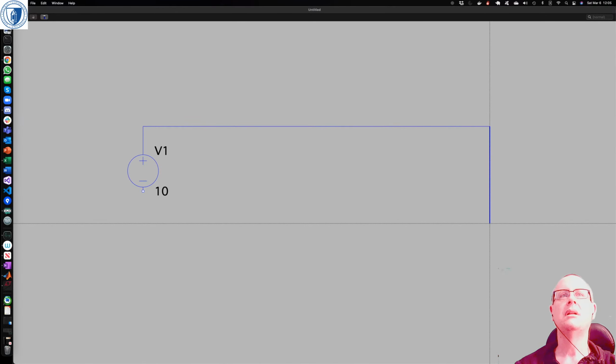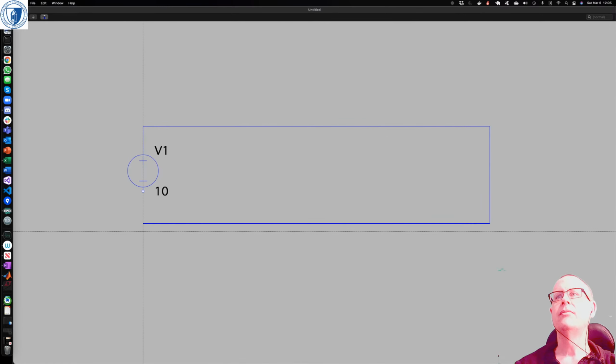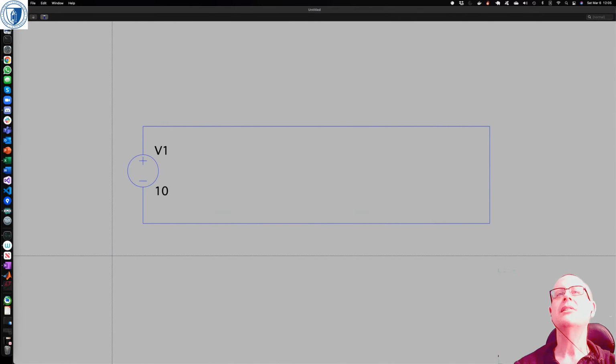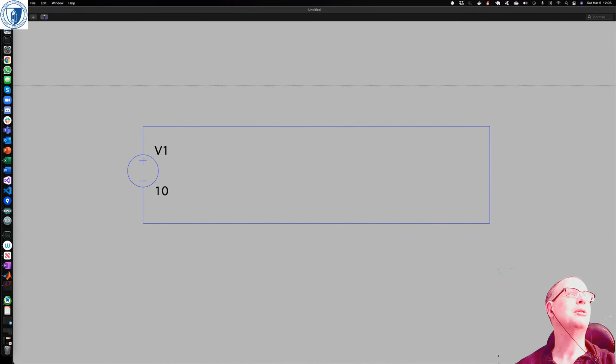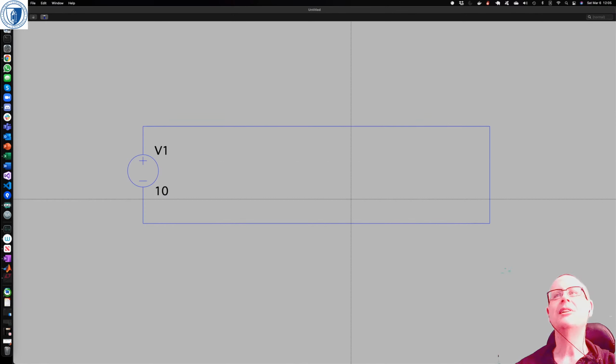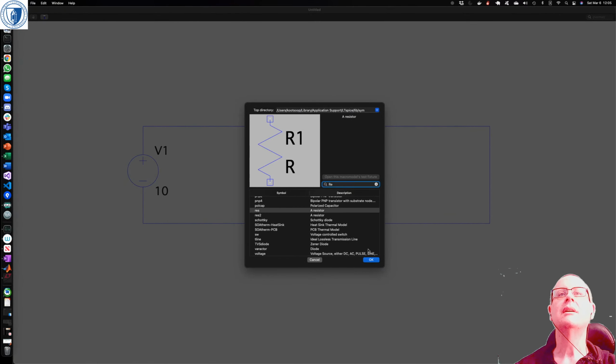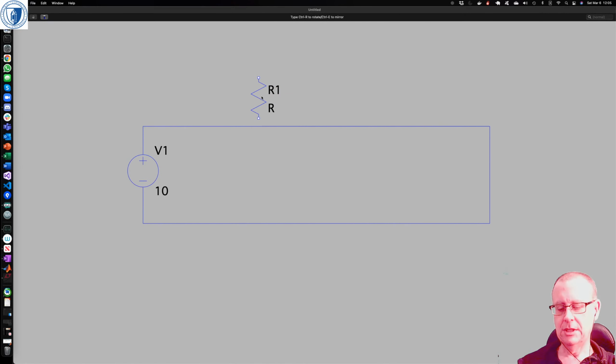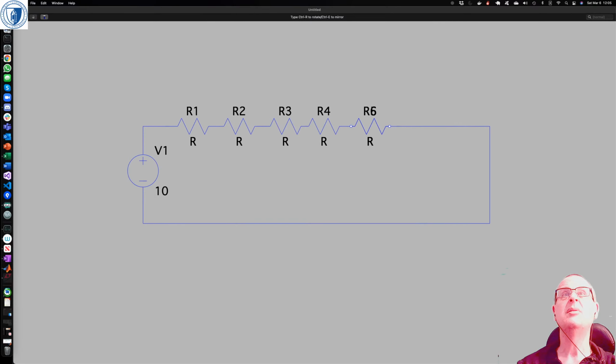You can do this. Right, you can make a silly circuit like that, which is not a very interesting circuit, or a circuit that's going to give you lots of current. And then what you can do is get a resistor and control R it and just go boom, 2, 3, 4, 5, and we're done, right?